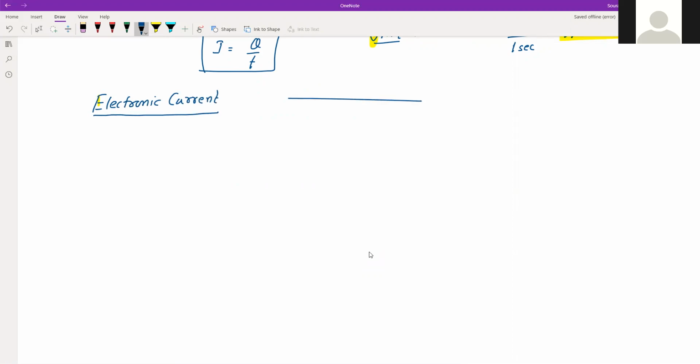So in a conductor, there will be these electrons, and these electrons will be flowing in some direction, right? So this is the direction of flow of electrons, and this will be called electronic current.